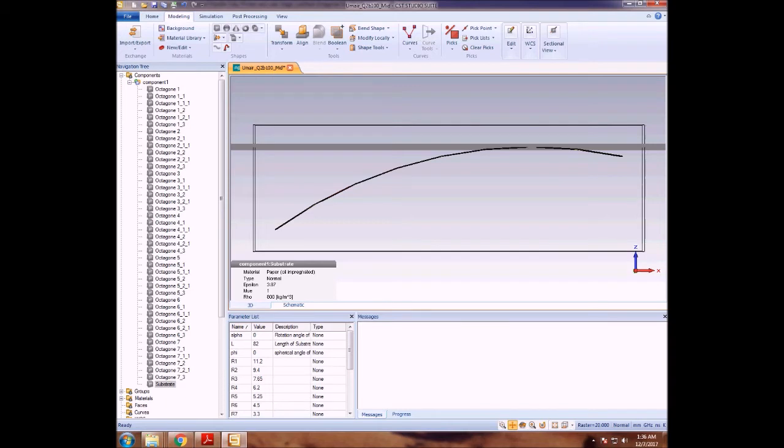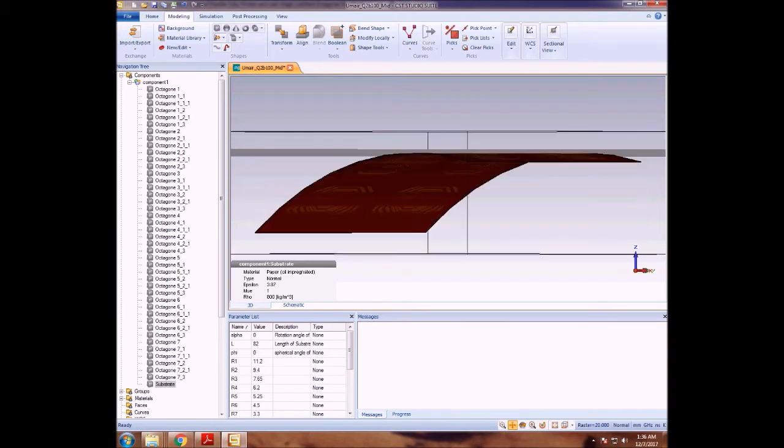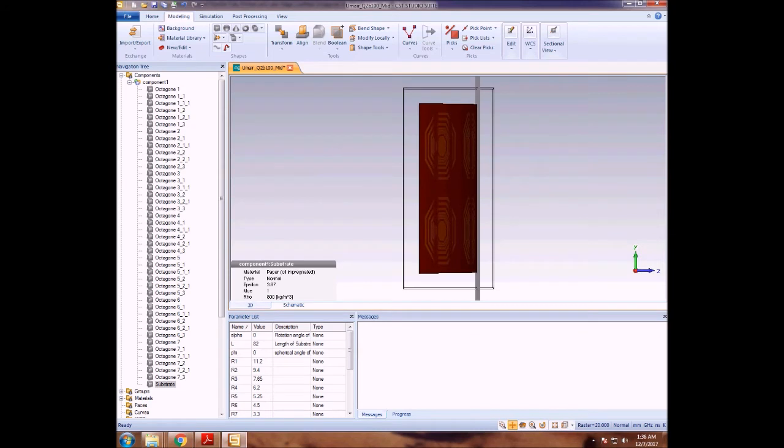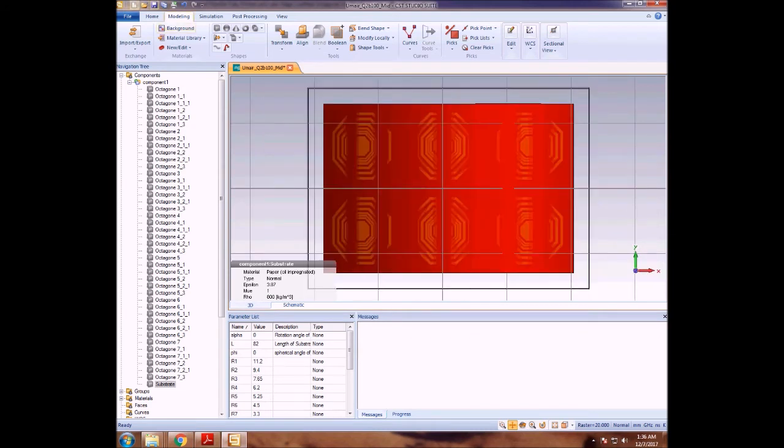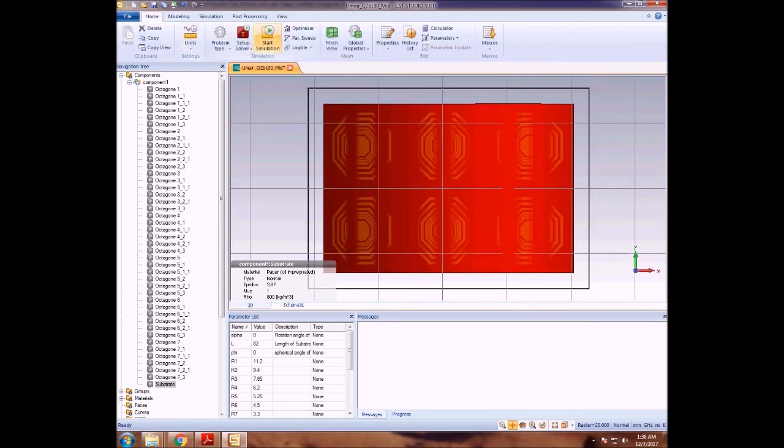Now this is the substrate or desired structure, which is bent on 100 millimeter. Now we have to run simulations.